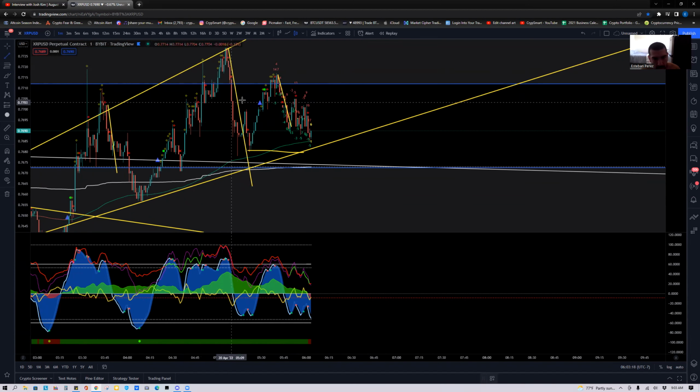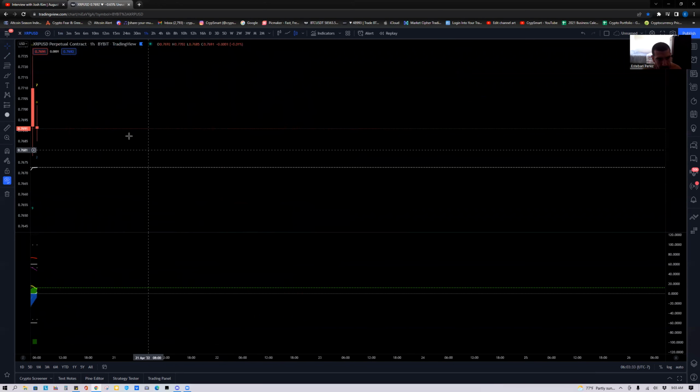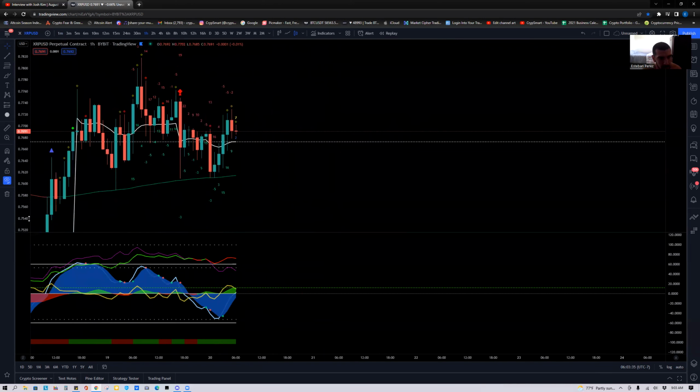We're now creating one of these, which tends to break out from there, meaning going up. Let's go back on the 1 hour and see what we got here. What's going on in the 1 hour? Getting stuck in this range right here.